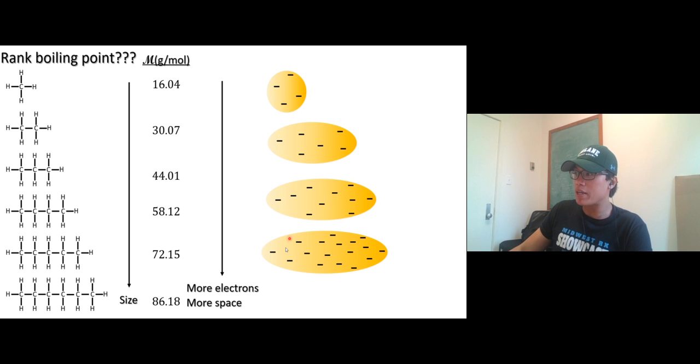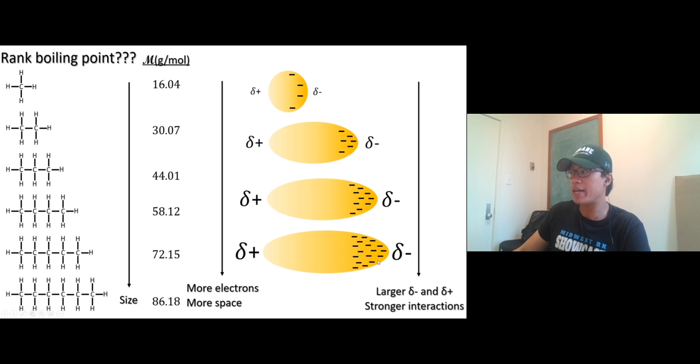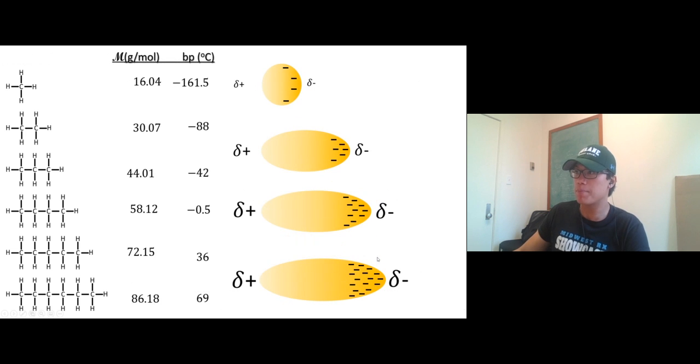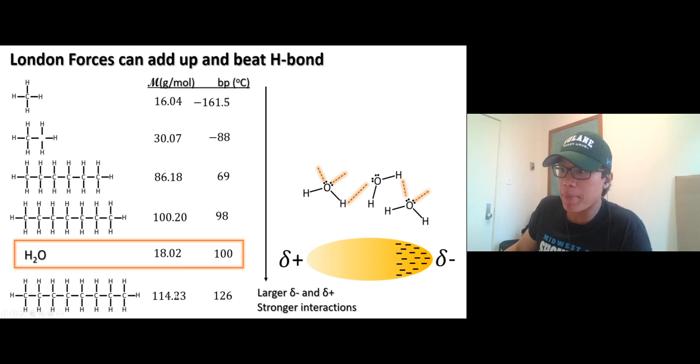When all these electrons migrate to one side, the partial negative and partial positive are big, and so the attraction is higher. Compared to water, look at that. Some of them can beat water because of high London forces. All these are nonpolar, no dipole, no hydrogen bonding, but some of them can beat water if they have enough electrons in the molecules.